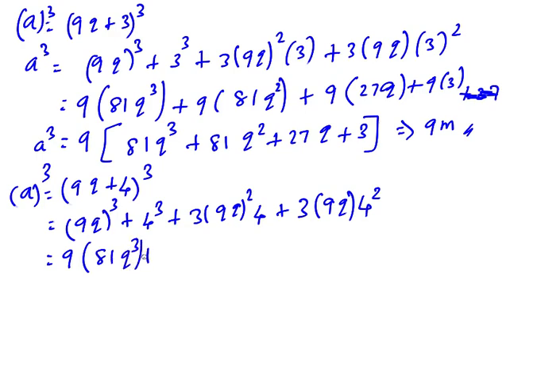Plus this 4 cube we can write as 4 4s are 16, 16 4s are 64. The 64 we can write as 63 plus 1. So this 4 cube we can write as 63 plus 1, that we will take at last.